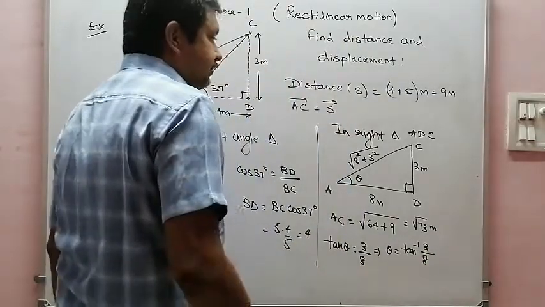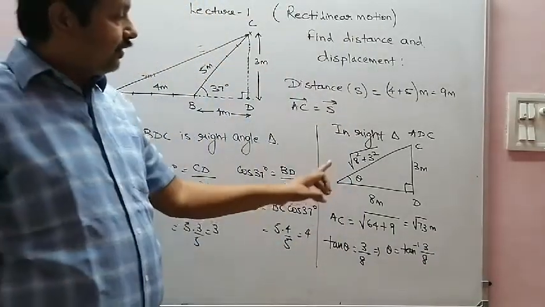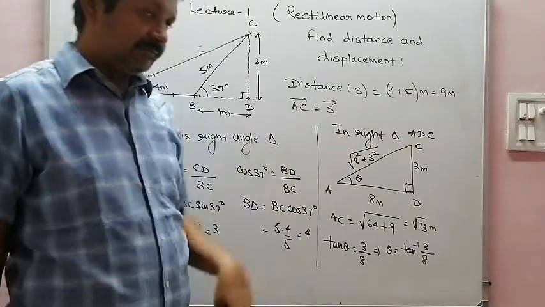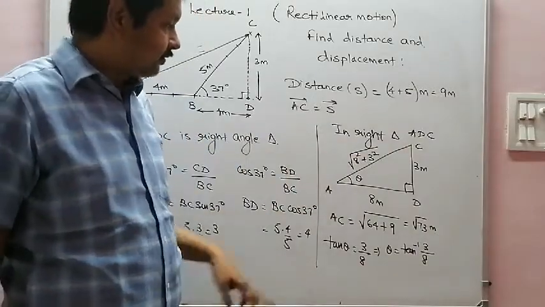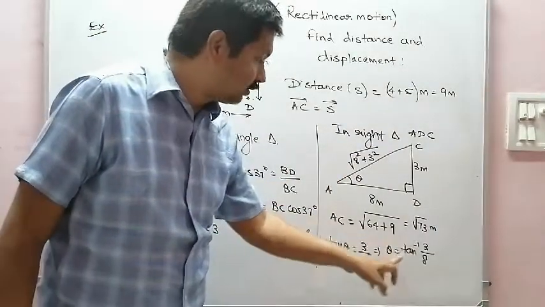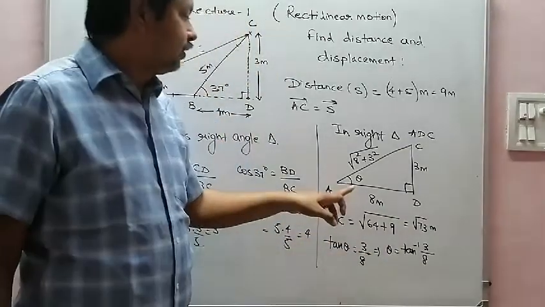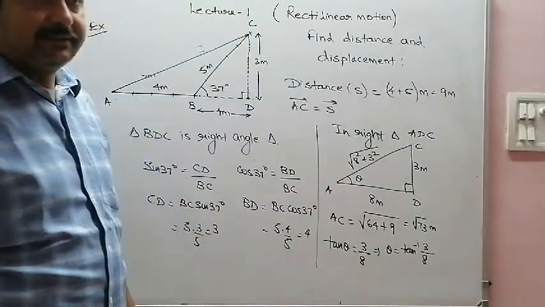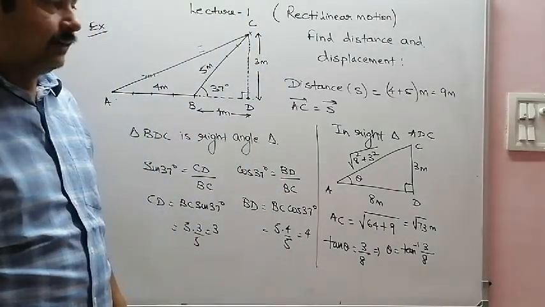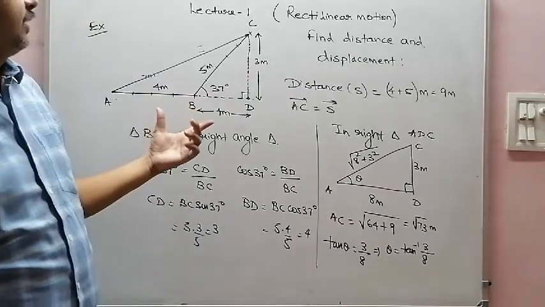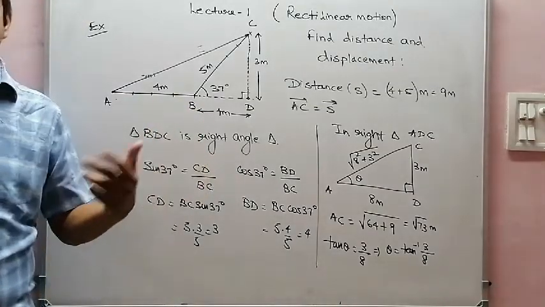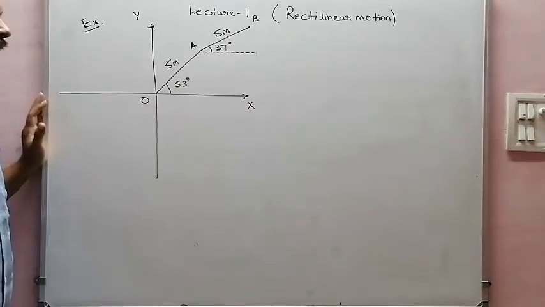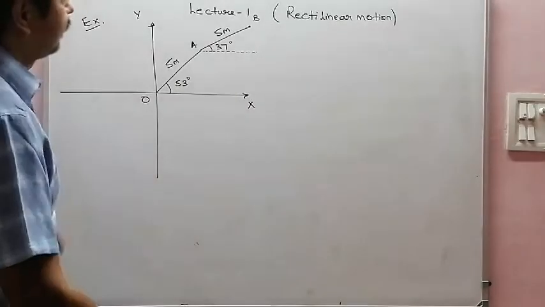That means the direction of displacement AC is theta, which is equal to tan inverse 3 by 8 from the line AD. This is another example. Now let's start with another example.